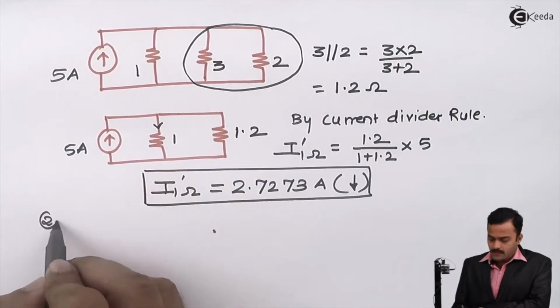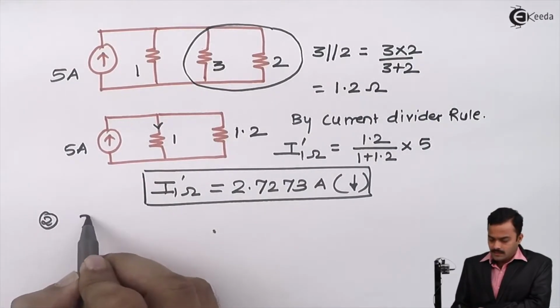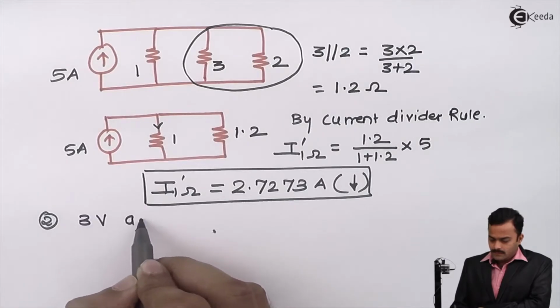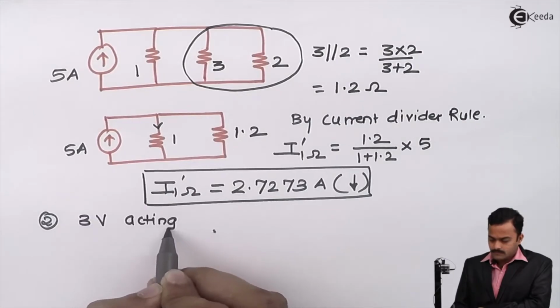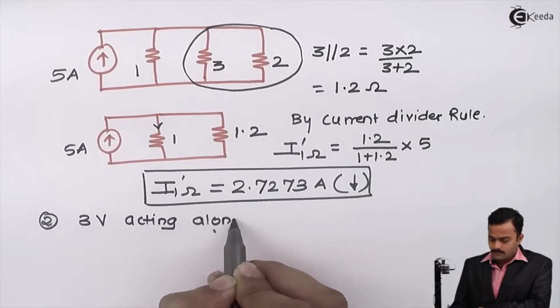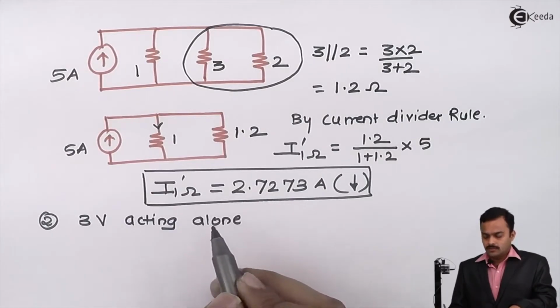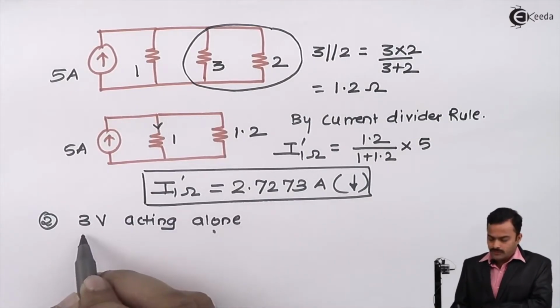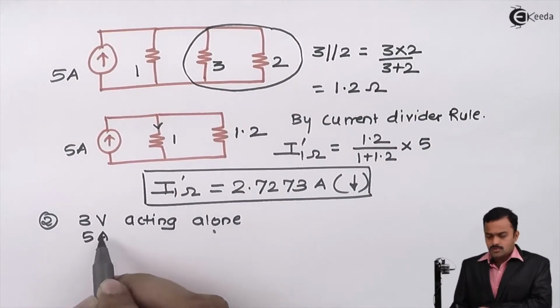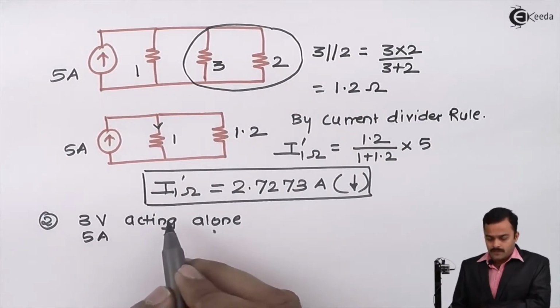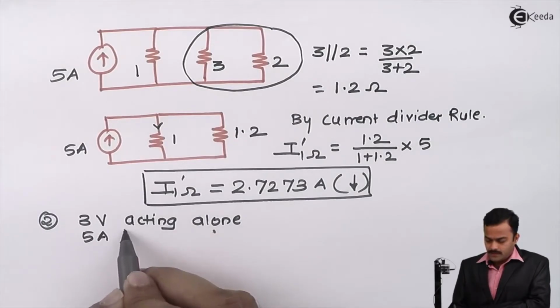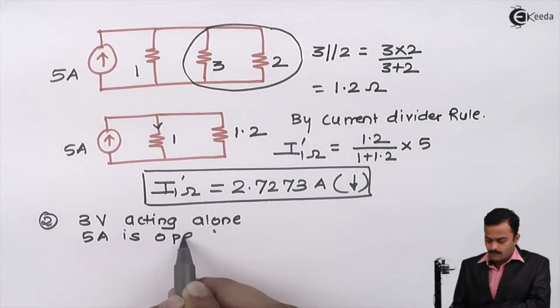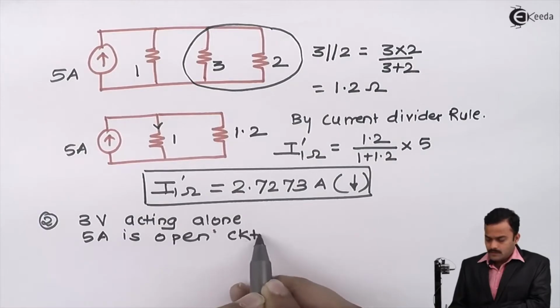Let's go to the step number 2 and consider 3 volt acting alone. If 3 volt is acting alone, then what to do for this 5 ampere current source? Being a current source, I need to open circuit it. So 5 ampere is open circuited.